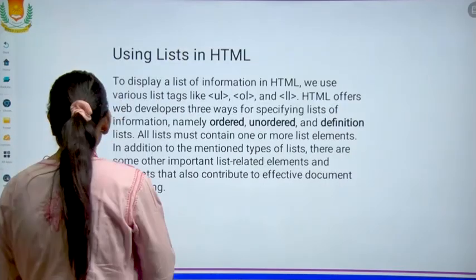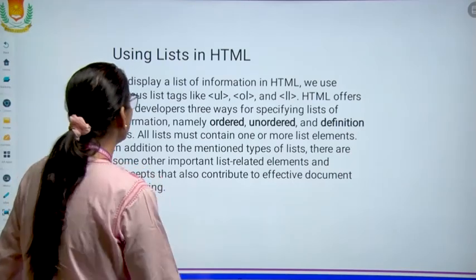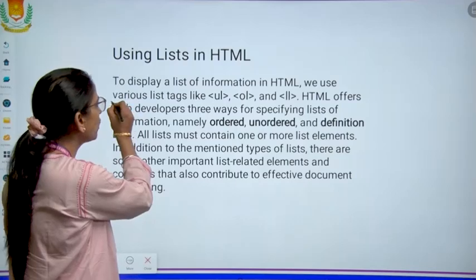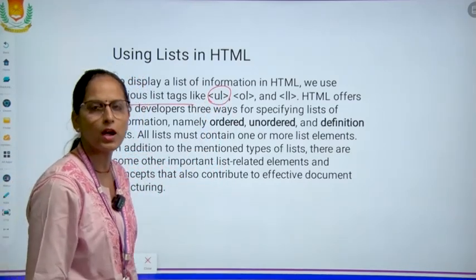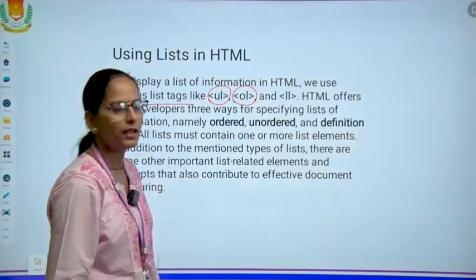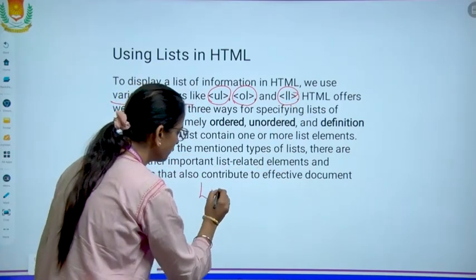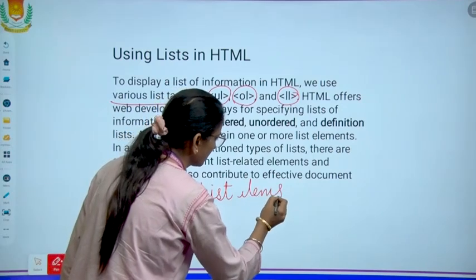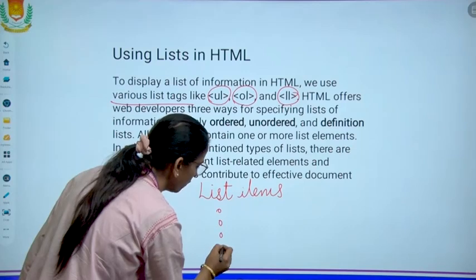Now, using lists in HTML, to display a list of information we use various kinds of tags. UL stands for unordered list, OL is the ordered list, and LI is the list item.